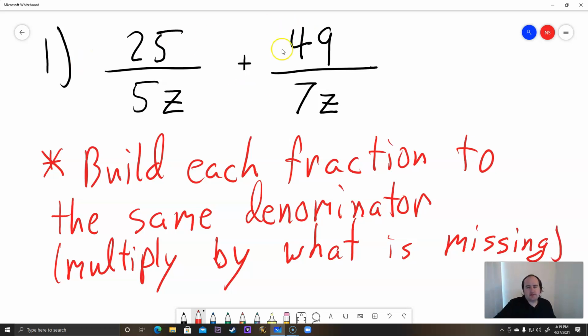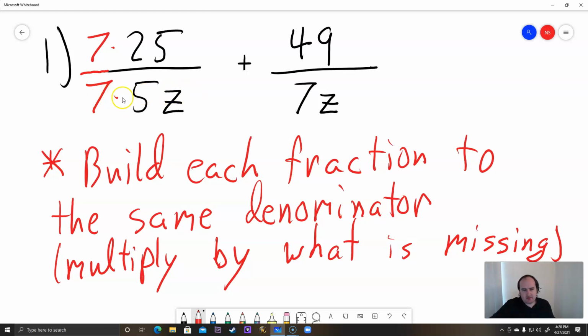Okay, so when we look at these two fractions, we can figure out what's missing. With the first denominator we have 5z, and with the second denominator we have 7z. From the first denominator, we can see that we're missing a 7. So we're going to multiply the first fraction by 7 on the top and the bottom. So now for the first fraction we have 7 times 5z.